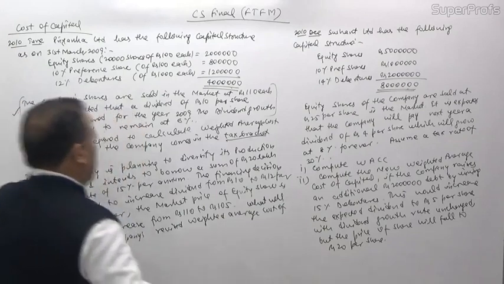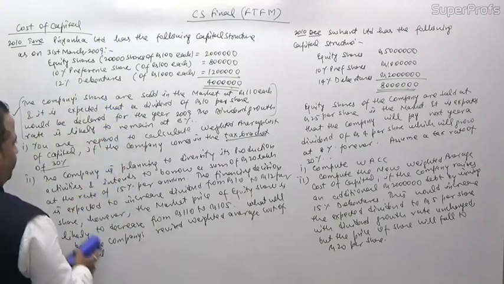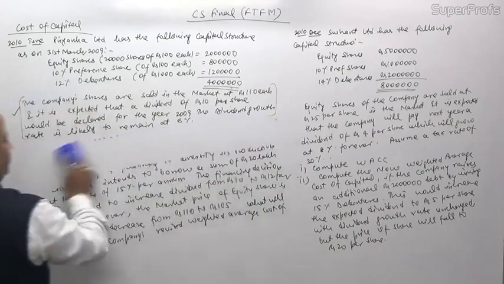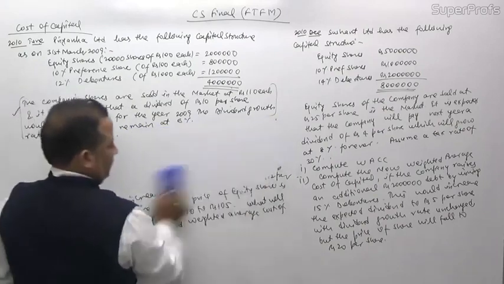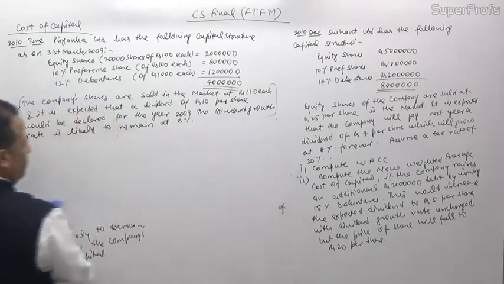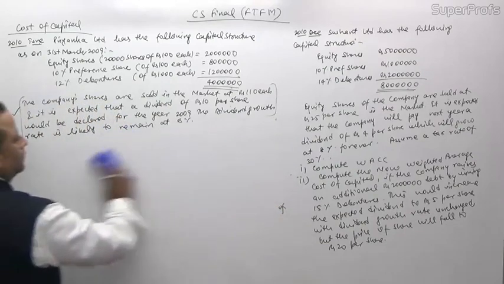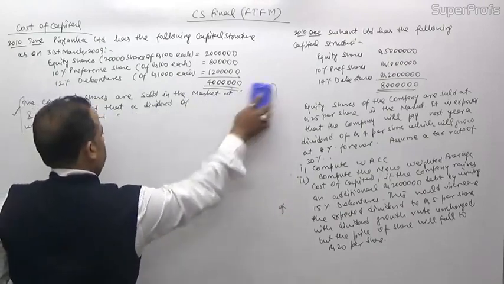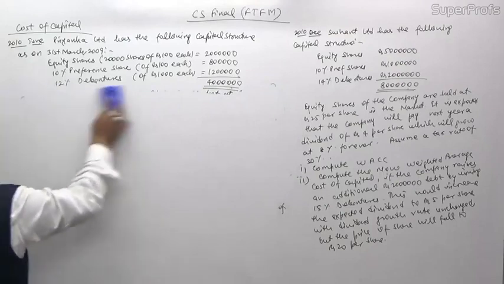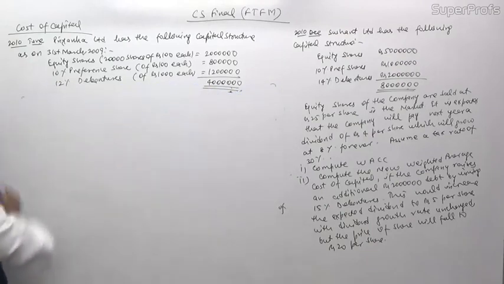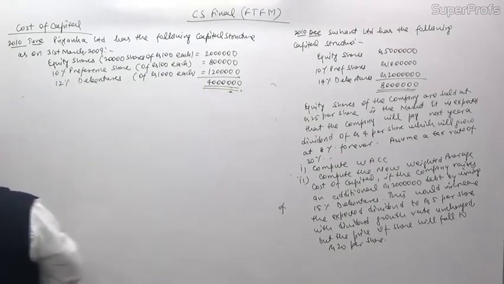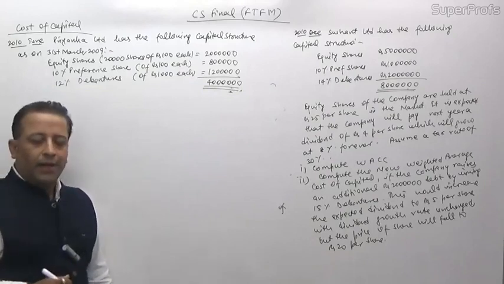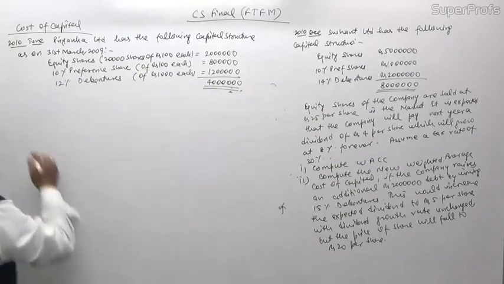So, the first question. First of all, for the purpose of computation of weighted average cost of capital, I need to calculate the cost of different components of capital.